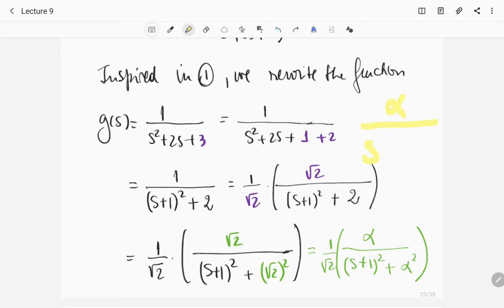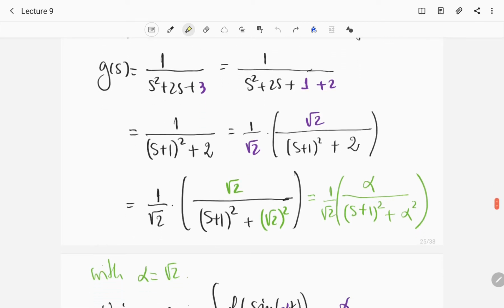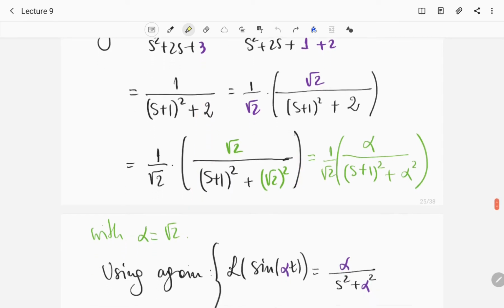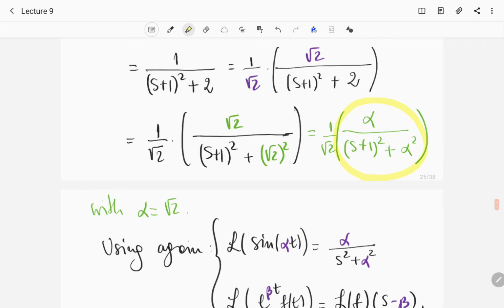And maybe here alpha is not as explicit as before, but multiplying and dividing by the square root of 2, we have that 2 can be seen as the square root of 2 to the power 2. So what we have here is this number multiplying, and this is exactly something like alpha over s plus 1 squared plus alpha squared. And we already know that this comes from the sine of alpha t.